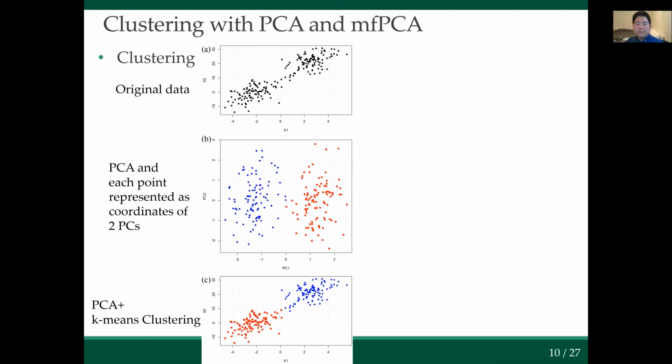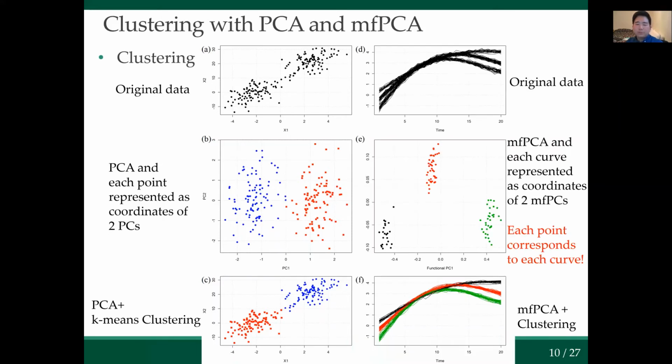I'd like to give a comparison between the classical PCA and the functional PCA. The classical PCA is for dimension reduction of point data or cross-sectional data. But the functional PCA is for dimension reduction of function or curve data, or longitudinal data.